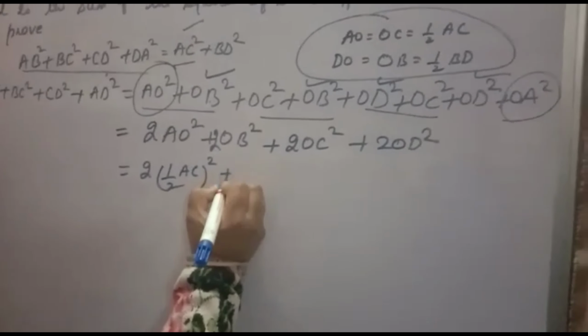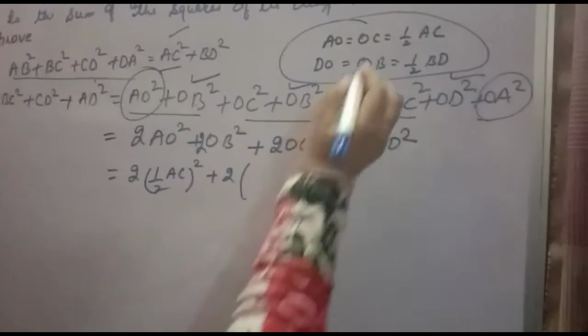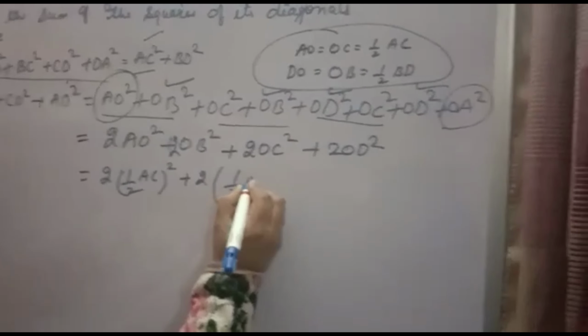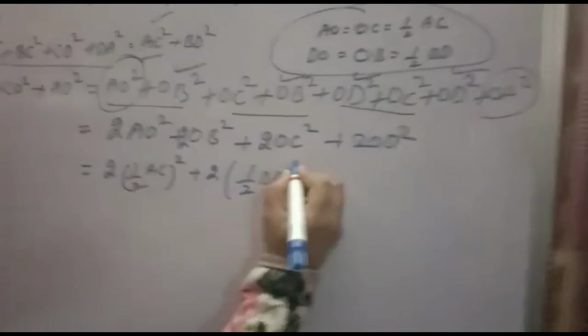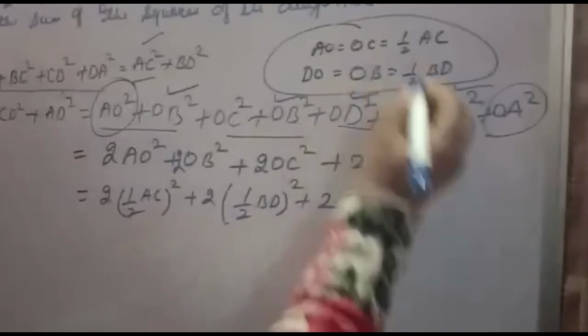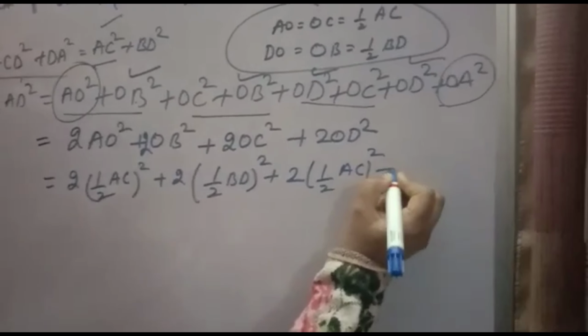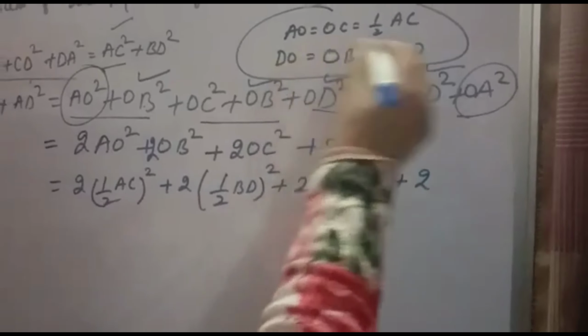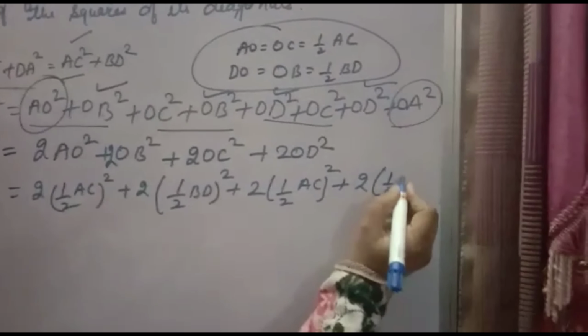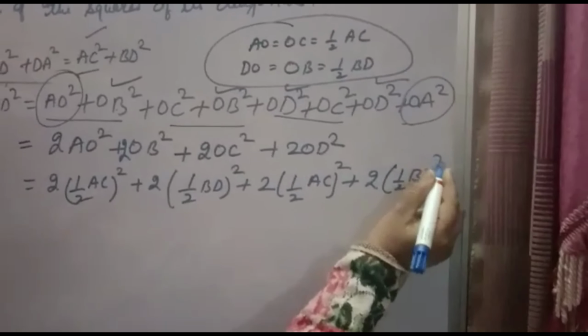Then OB is half of BD, so write half of BD, whole square. Then OC is again half of AC, and OD is again half of BD.